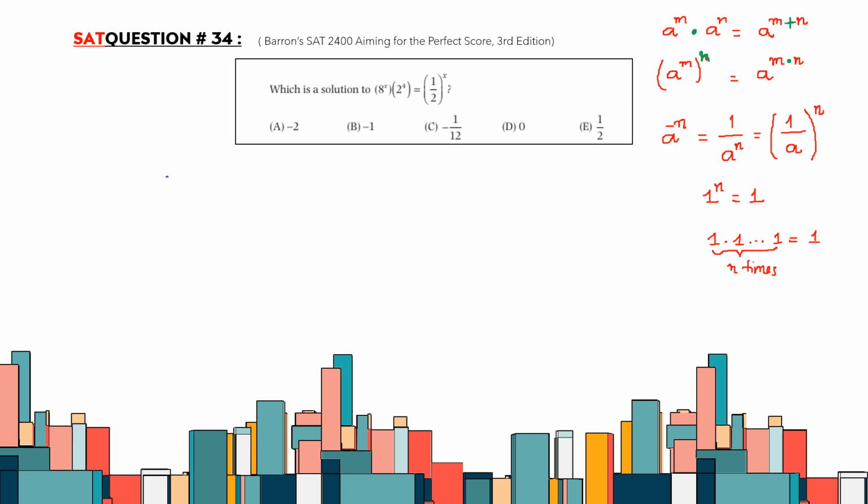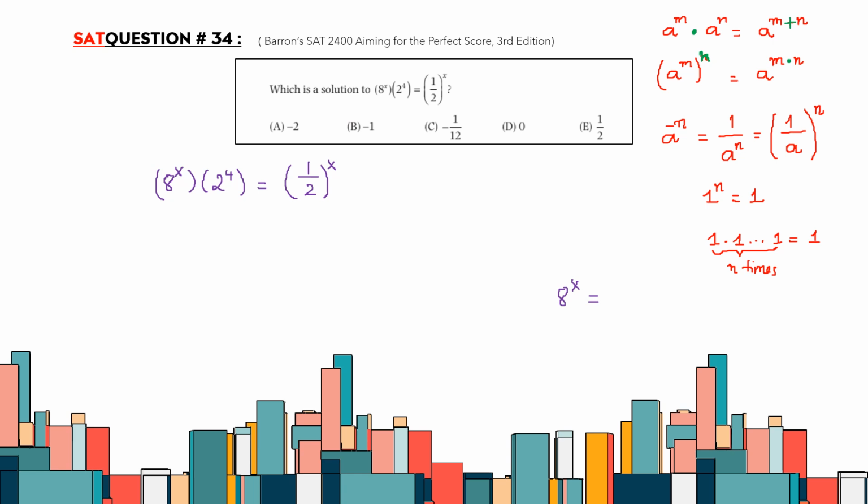We have 8 to the power of x multiplied by 2 to the power of 4, that equals 1/2 to the power of x. Now we have 8 to the power of x. We see that 2 is the base, right?